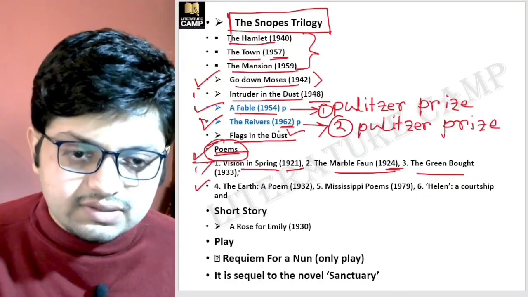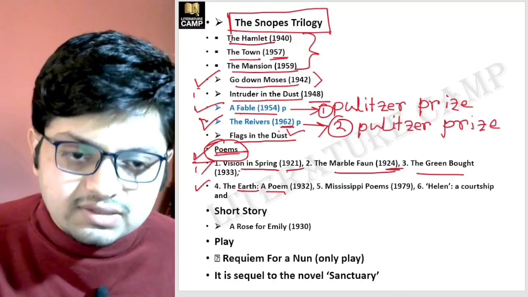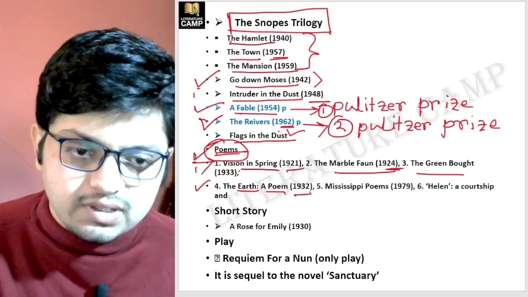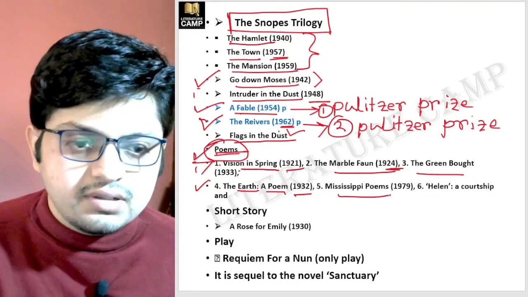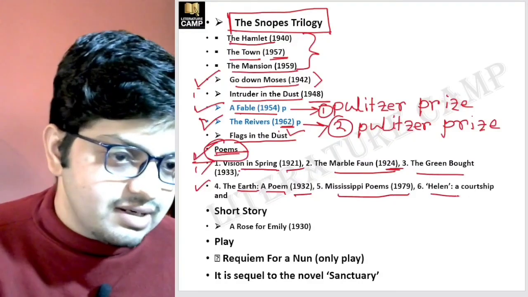Next, This Earth, a poem, published in 1932. Next, The Mississippi Poems, published in 1979. Next work, Helen: A Courtship.